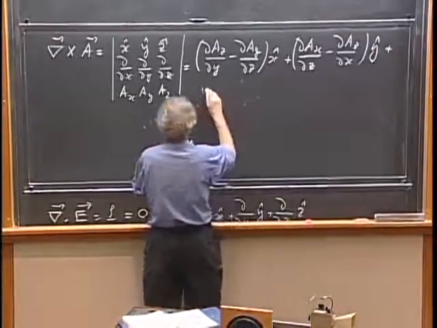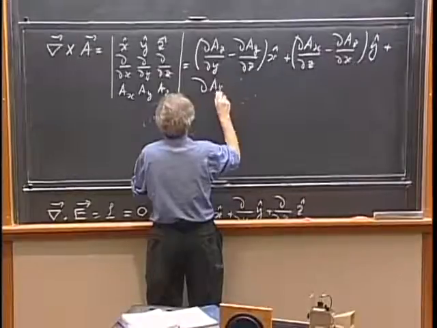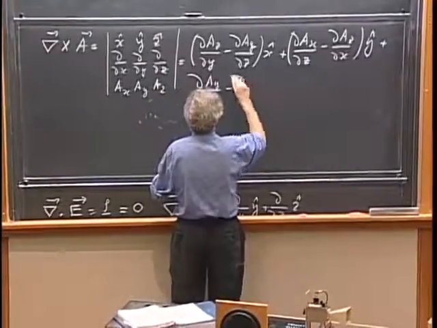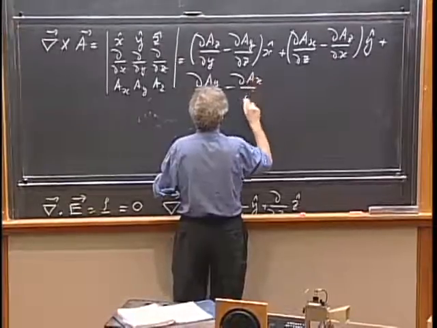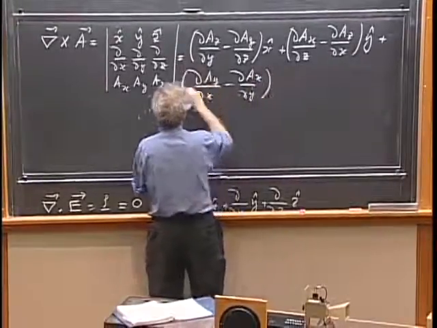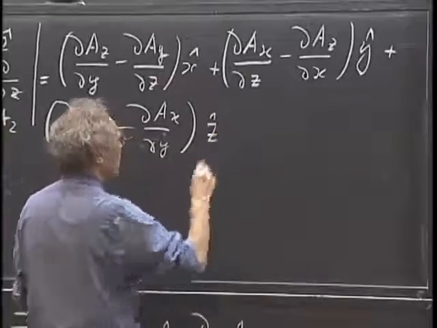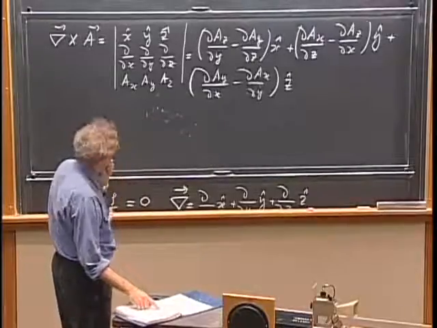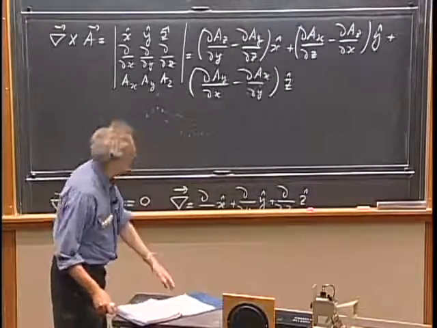And then you would get dAy dx minus dAx dy, and that is in the z direction. And let me check that because it's so easy to make a little slip, and that is very awkward for me and for you also later. That is fine. And then we get dAy dx minus dAx dy, that is fine.